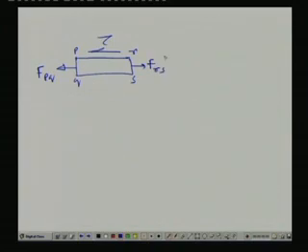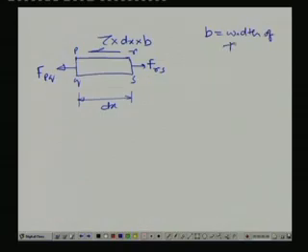So, tau cannot be in the stress level; tau is over this length. We considered this length to be dx, into dx, and we consider B. What is B? B is the width of the cross section.